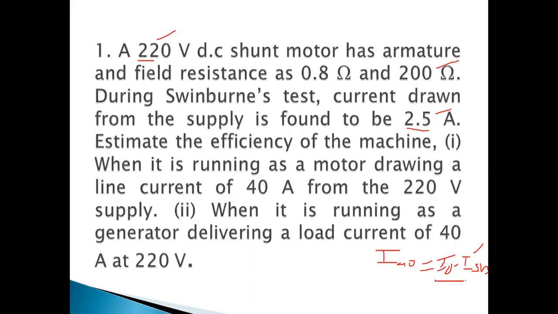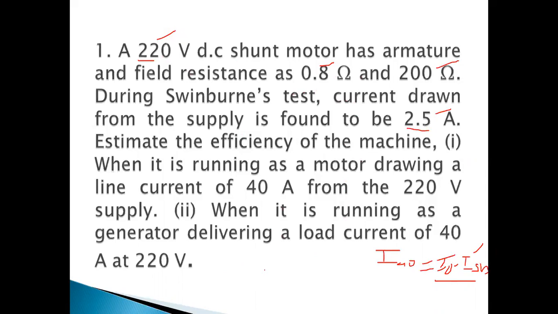Then this value whole square multiplied with 0.8 ohms will give armature copper losses at no load. After knowing the armature copper losses at no load, now we will find constant losses. WC is equal to input power 220 into 2.5 during no load, minus (I naught minus ISH) whole square with RA, which will give constant losses.